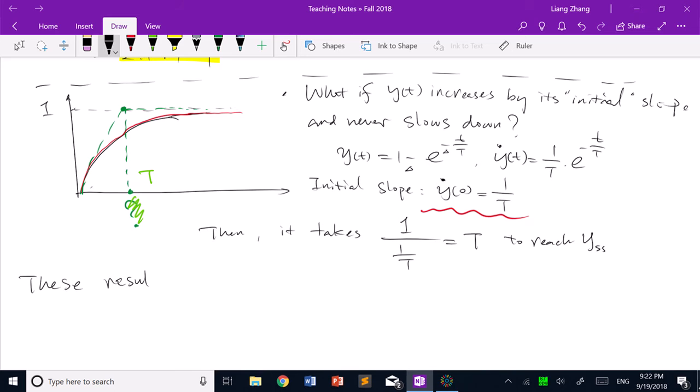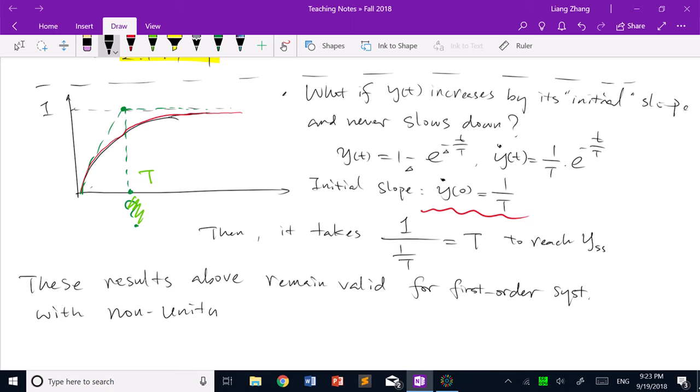So I want to point out that the results above remain valid for first order systems with non-unity DC gain.